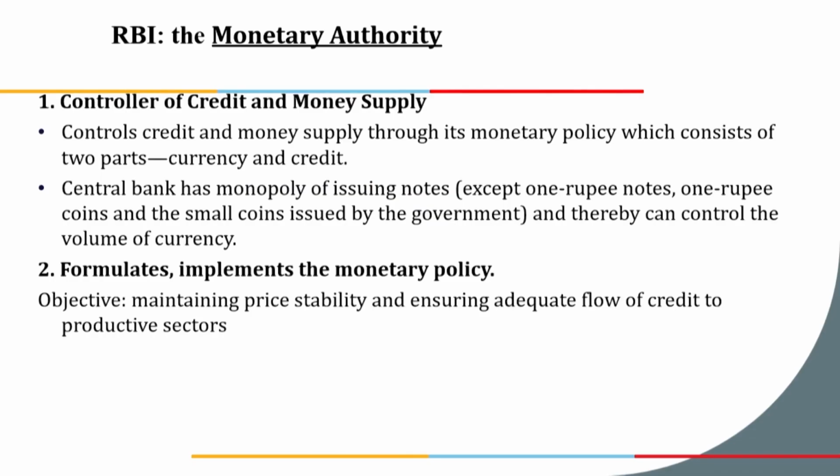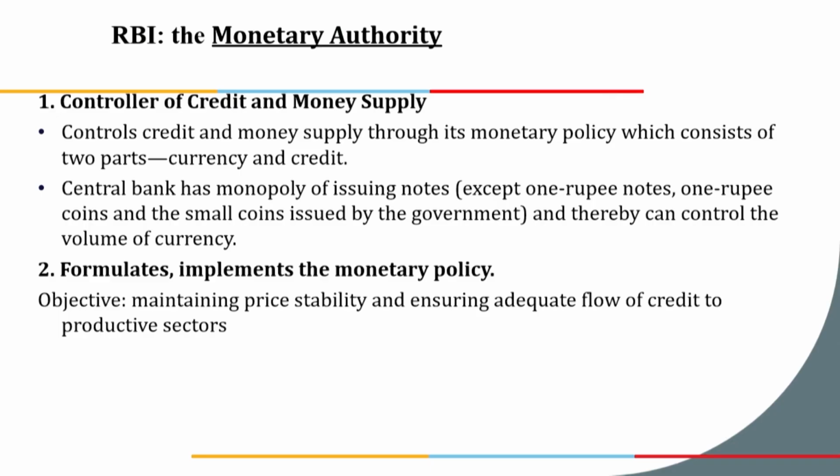One of the main functions of RBI is that it formulates and implements monetary policy. So in that way, it is the monetary authority of the country. It acts as the controller of credit and money supply. In one of the previous sessions, we discussed how the central bank, by using monetary policy tools, influences liquidity within the banking system.